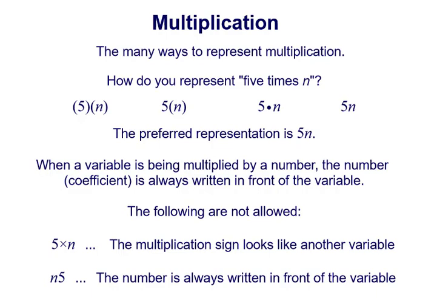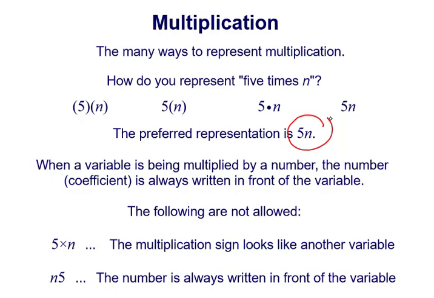You can write with the multiplication dot in between. Or you can just have the number and the variable next to each other, 5n. The preferred representation is just the number and the variable next to each other, 5n. So when a variable is being multiplied by a number, the number is going to look like the coefficient, and it's always written in the front of the variable.